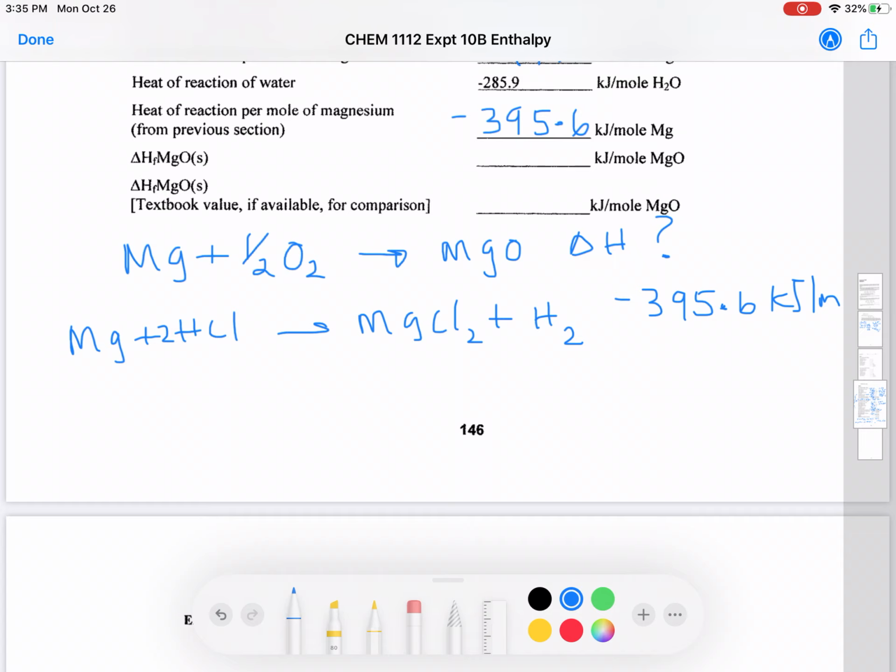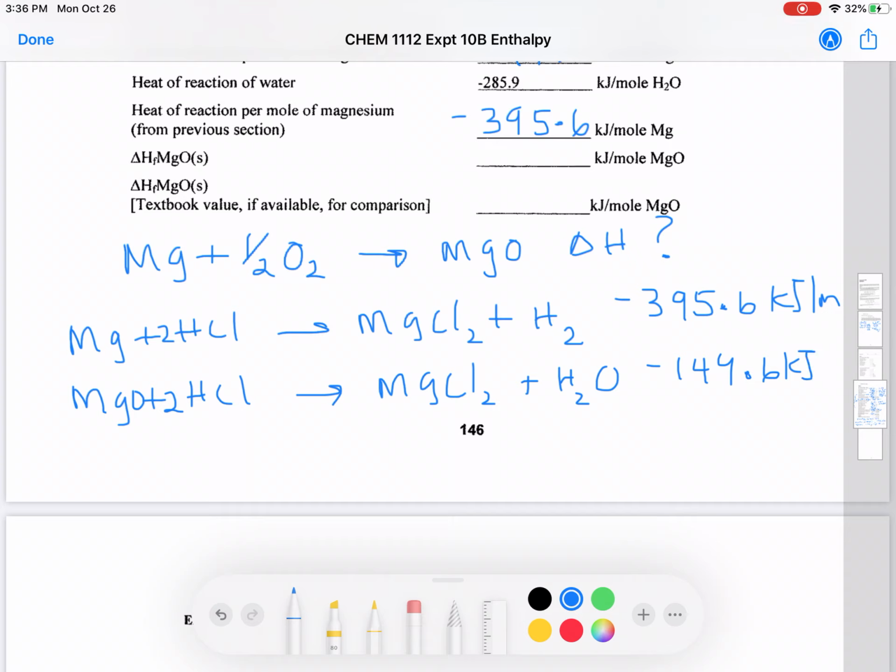Okay. And then we also calculated magnesium oxide with HCl giving you magnesium chloride plus water. We calculated enthalpy of this reaction as well. That is negative 149.6, again kilojoules per mole.